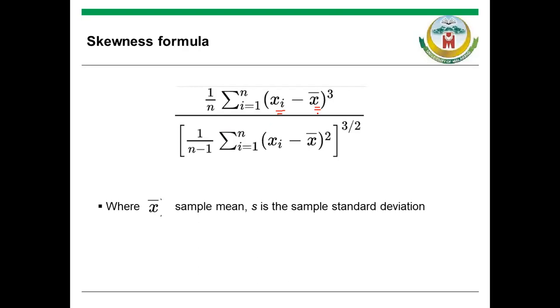You take the cube and then you sum all the values, and then you divide overall by n. So mathematically it's not that difficult, although the formula looks difficult, and the computation can easily be done. Okay.